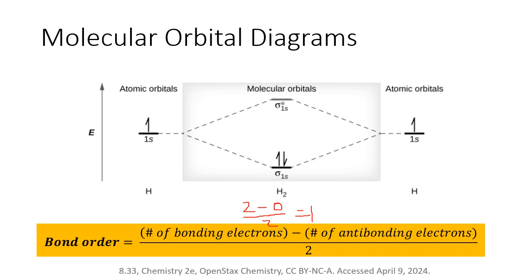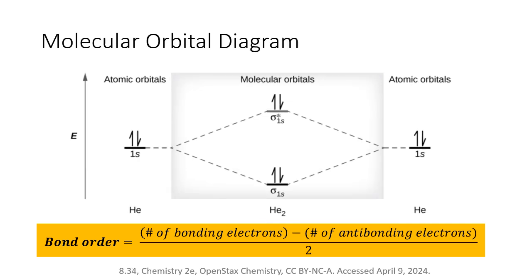Let's do an example where we can't form the bond. Here we have He2. There are 2 electrons in each of our atomic orbitals. When we combine that into our bonding and antibonding and we fill it, we have 2 electrons in bonding and 2 electrons in antibonding.